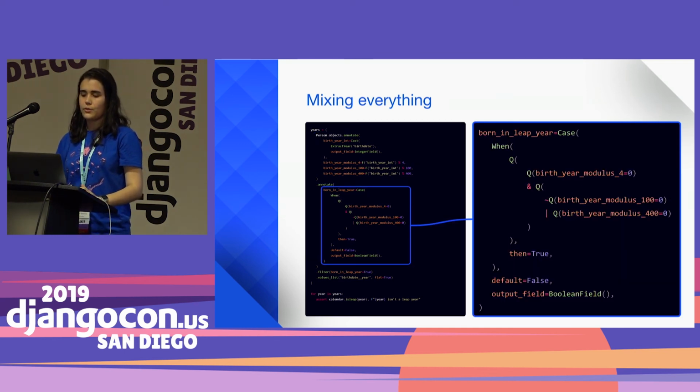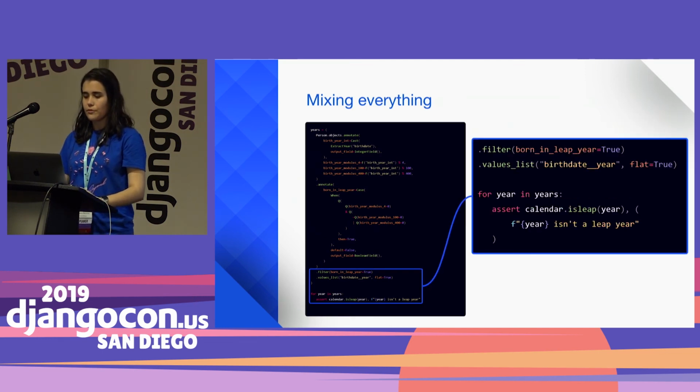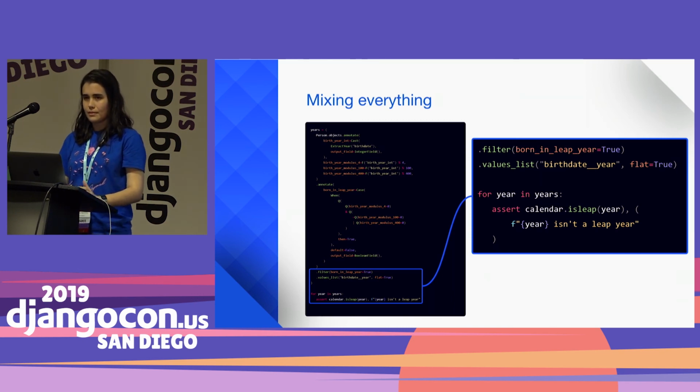And then we use the previous annotations in a conditional expression with Q objects. In the When, we define False by default, and we can do all the math to make it True. And finally, we filter by the annotation we just made. From now on, it's just testing if we did the right thing. So at the end, we have done calculations in conditionals, just hitting the database once. It's pretty amazing.